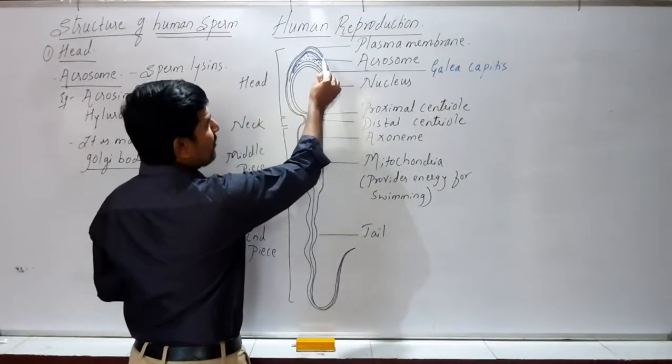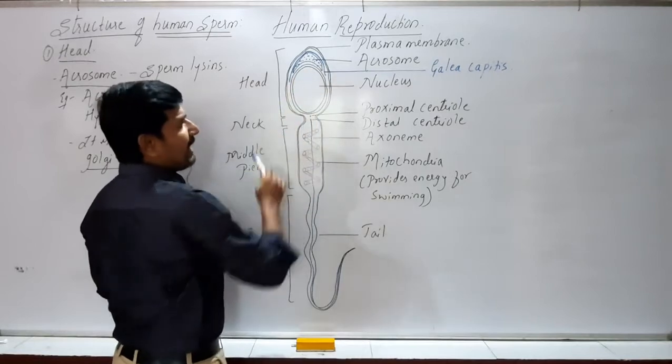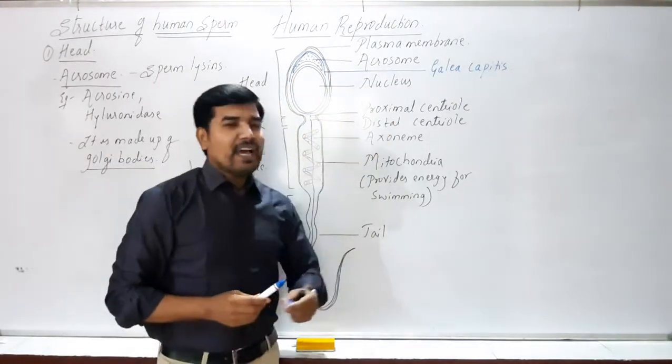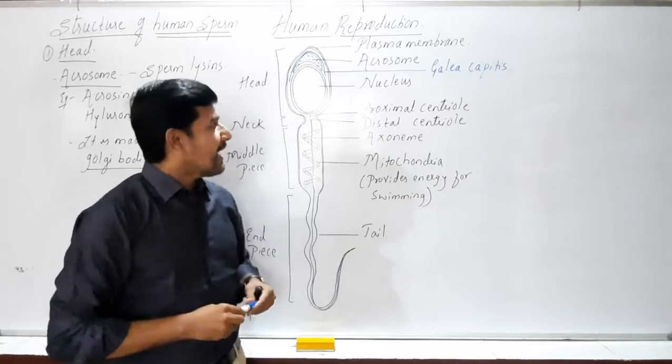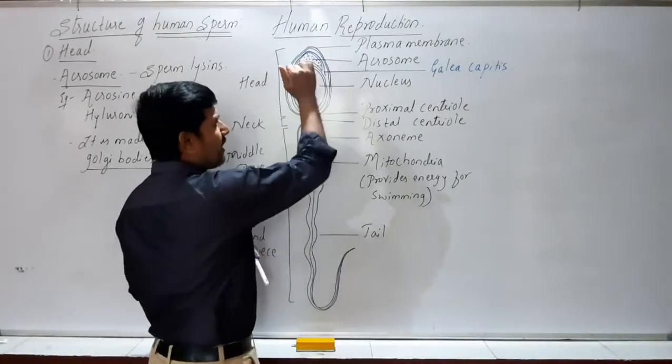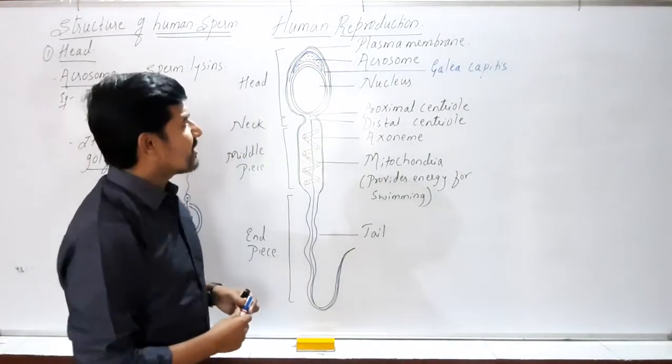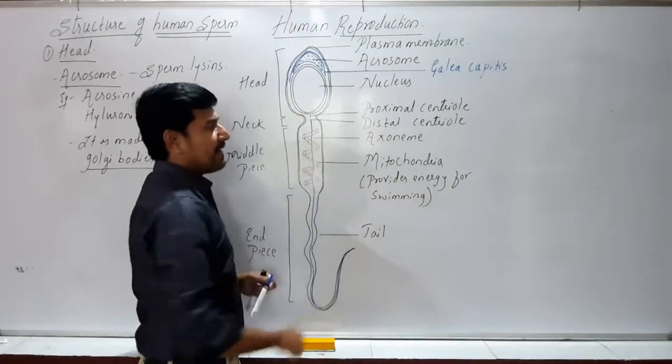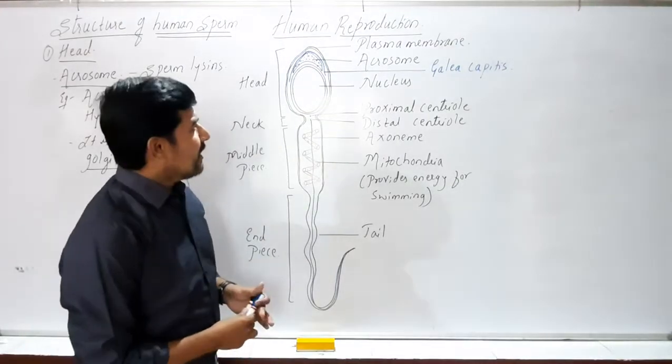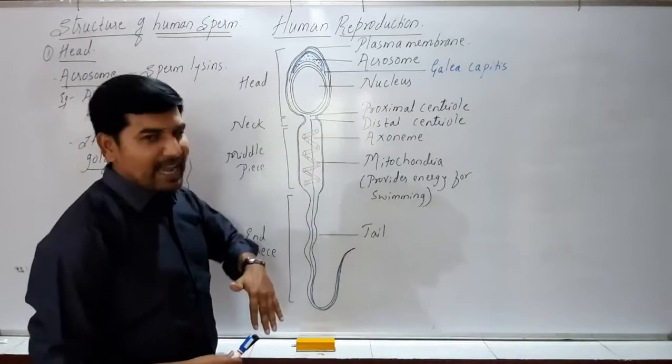Apart from the plasma membrane, there is also a protective layer called galea capitis present on the acrosome. Almost three-fourths of it is covered by the galea capitis layer. Then this is regarding the part of the acrosome.